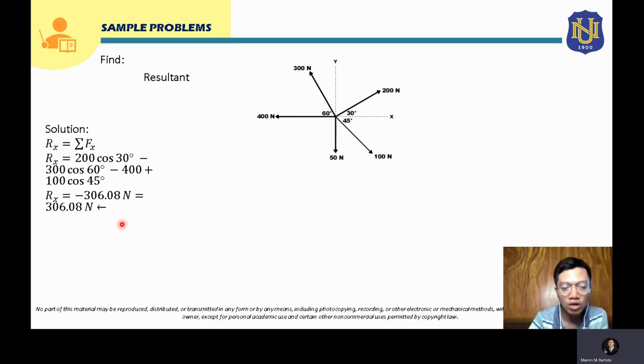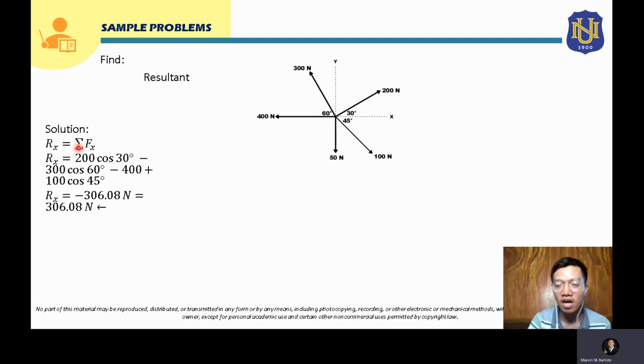So don't forget the unit, which is Newton. The negative sign for Rx indicates the direction of the horizontal component of your resultant. The assumed positive direction for horizontal components is to the right. The force should be directed to the right for it to be positive.